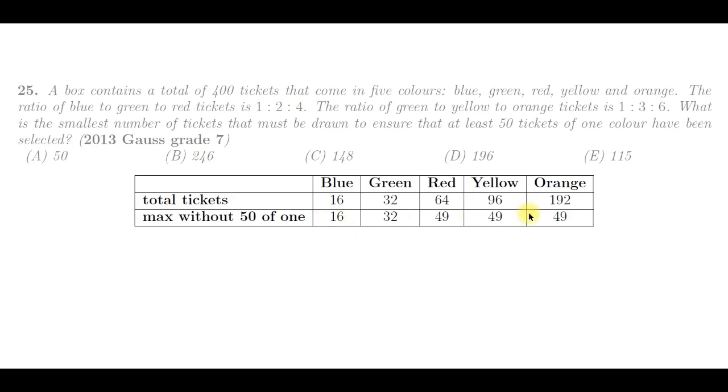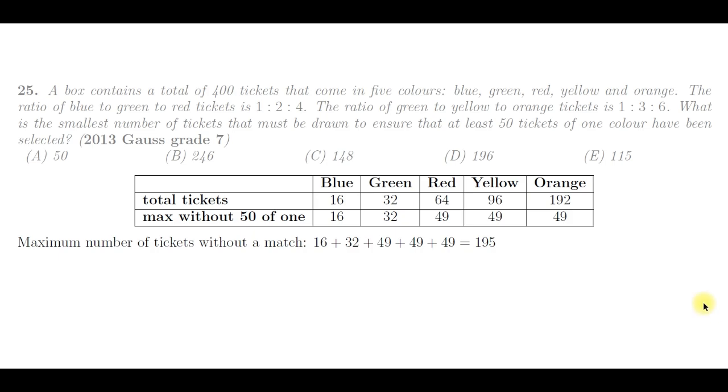So if I look at this scenario, if I'm unlucky enough to at some point have 16 blue, 32 green, 49 each of red, yellow, and orange, I'm still not going to satisfy the conditions of the problem. So I can actually pick 195 tickets and not satisfy the conditions of the problem. Now, you might say, well, we want to satisfy the conditions of the problem. But now look what happens.